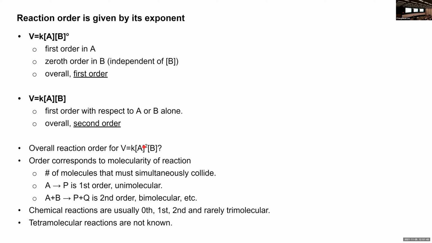So obviously here there are 3 molecules involved, right? A to P is first order, A plus B to P plus Q is second order, and so on. Mostly chemical reactions are zeroth, first or second order, and rarely trimolecular, because it's really hard to even imagine that 3 molecules are involved at the same time making something, right? It's typically up to second order. And also tetramolecular reactions are not known. So if you find one, that'll be a Nobel Prize finding.